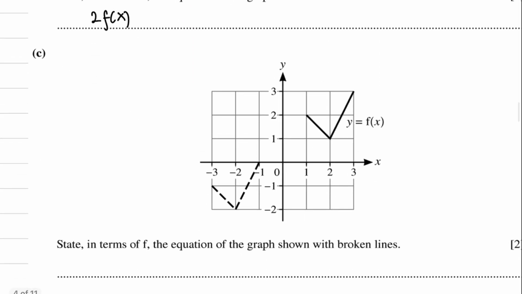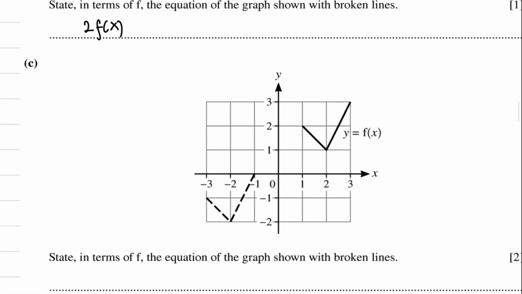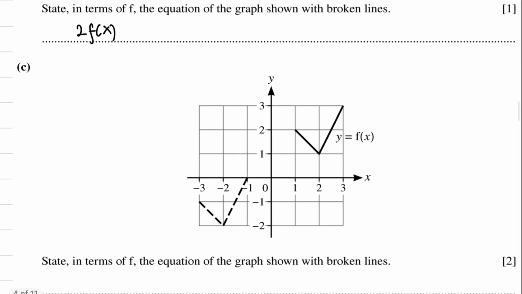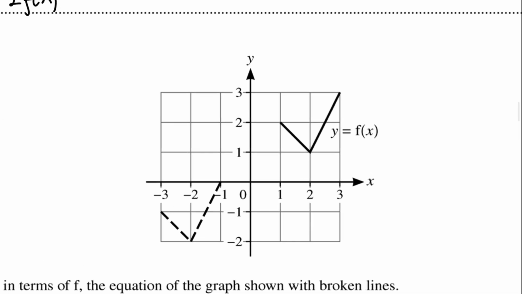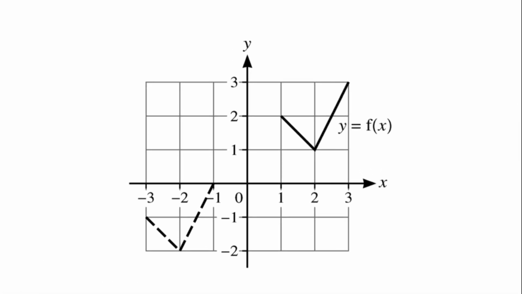In part C, this one is a little bit tricky because that changed the whole shape of our graph. So maybe it contains two transformations. As you can see, in terms of shape, it's not changed, right?